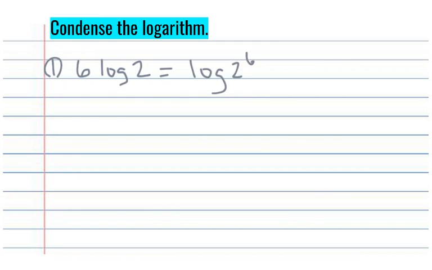So let's try another one. So let's say we wanted to condense log 8 plus log 11. So just as a little refresher, if we don't write that little tiny base in there, we are actually in a base 10 system.